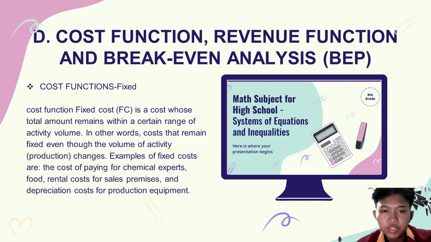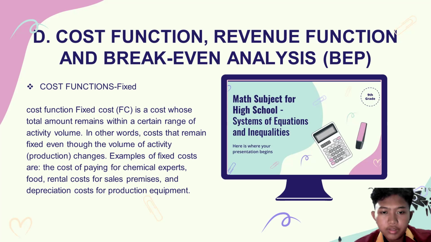D. Cost function, revenue function, and break-even analysis or BEP. Fixed cost function: fixed cost or FC is a cost whose total amount remains within a certain range of activity volume.